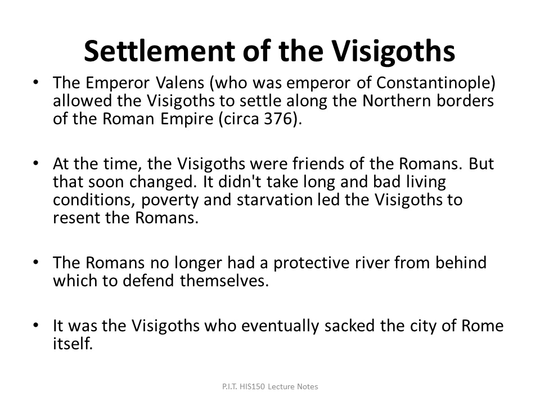That is seriously bad, because if you remember the rise of the Roman Empire, keeping the northern borders was very, very important to the safety and security of Rome. At the time, the Visigoths were friends of the Romans, but that soon changed, and it didn't take long. Bad living conditions, poverty, and starvation led the Visigoths to resent the Romans.